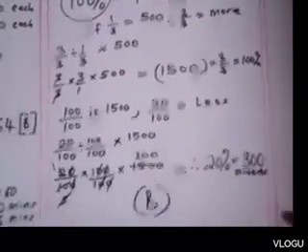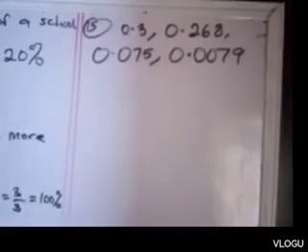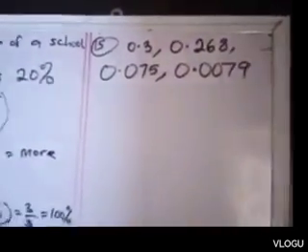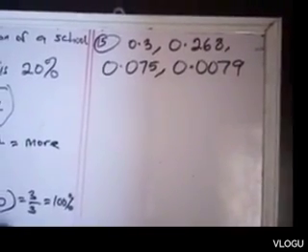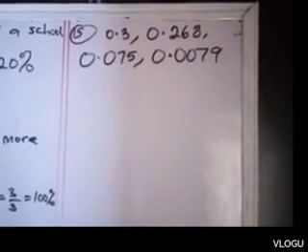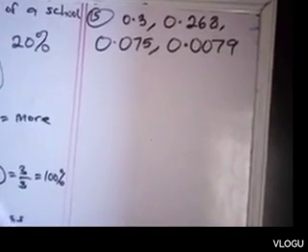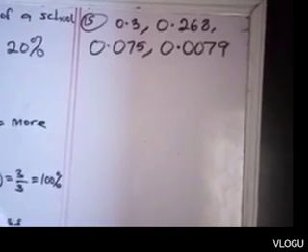Now let's move to question number 15. Arrange in ascending order of magnitude. When you hear ascending order, we are simply talking about from the smallest to the biggest.